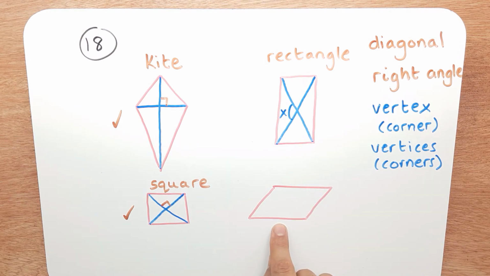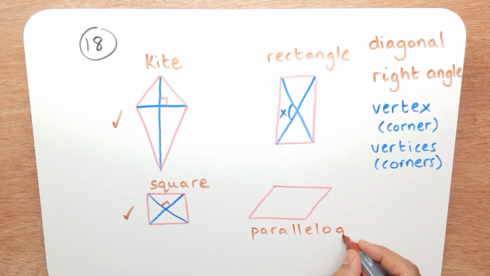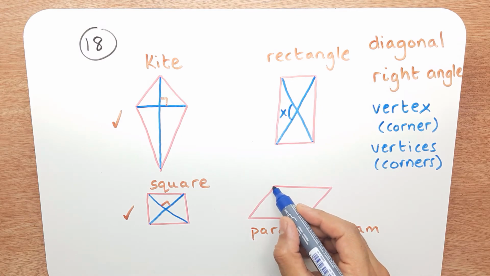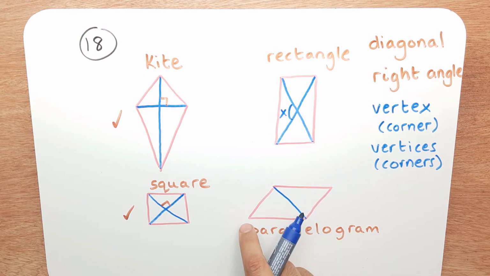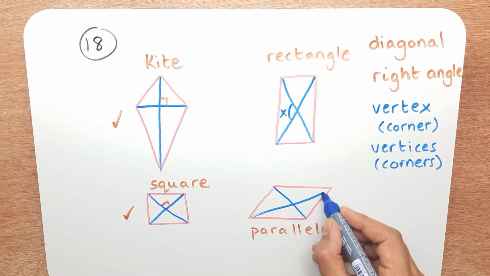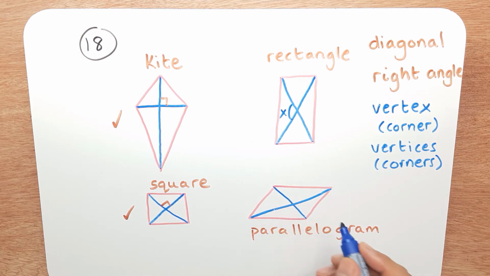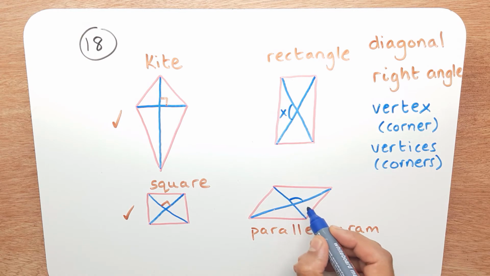Now this last shape is a parallelogram. This is a really long word. Parallelogram. And if we draw the diagonals from one vertex to the other, we can see that that is not a right angle.